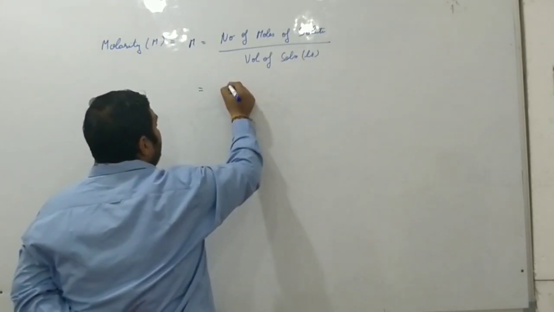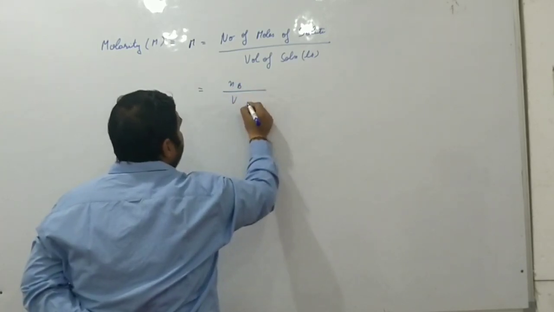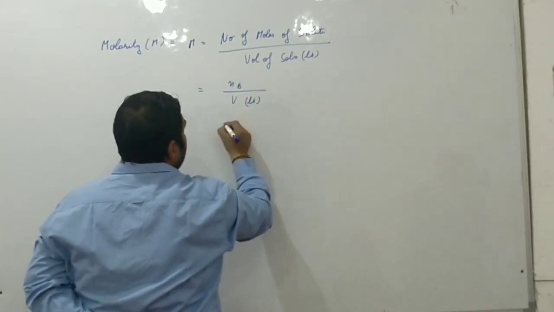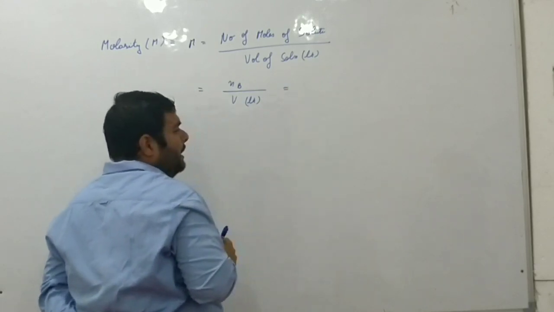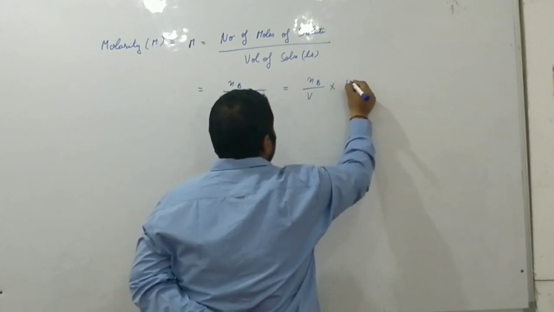So the number of moles of solute is taken to be Nb over V, and V is in liters. If we are taking it in milliliters, then it can be Nb over V into 1000.